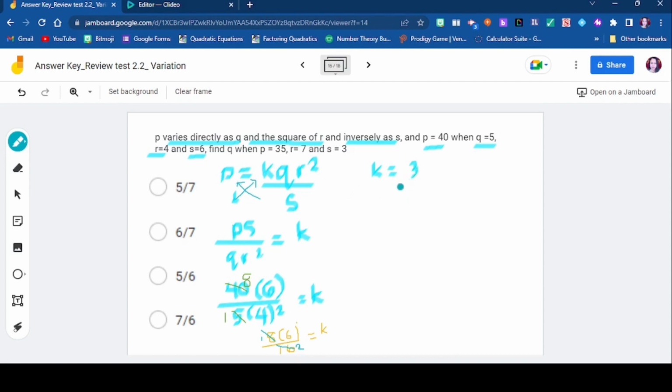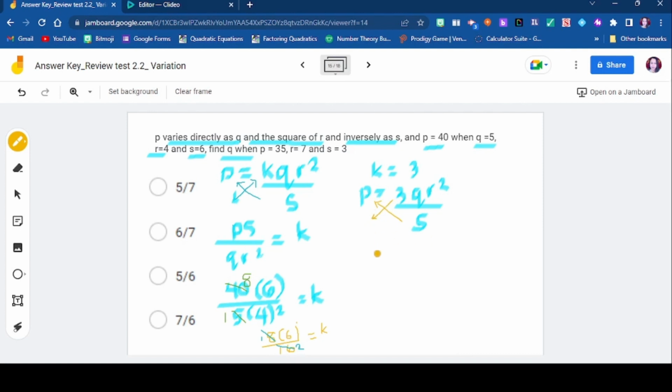Now, let us substitute the K in this equation. So we have P is equals to 3 QR squared over S. Correction, so that is S. Look at, you are asked to find the Q, but here it is P. So what we are going to do is to find first the formula for finding the Q. So let's apply again the cross multiplication.